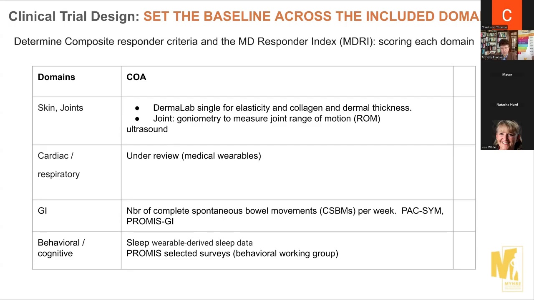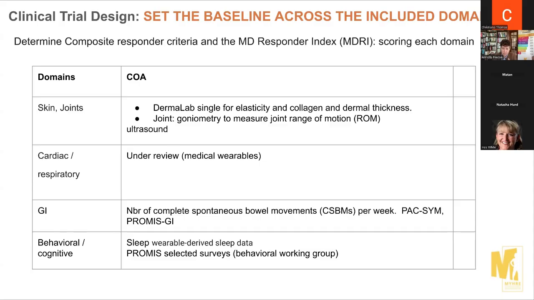For skin and joint, the COA, that's clinical outcome assessment. Sorry, I should have put that in clear. So for the outcome assessment, the way we are going to measure the changes for the skin and joint is very standardized. It's the same tool that can be used anywhere in all the different clinics in the world.